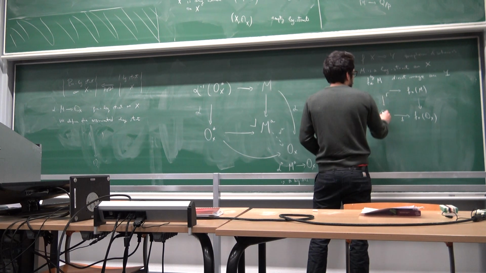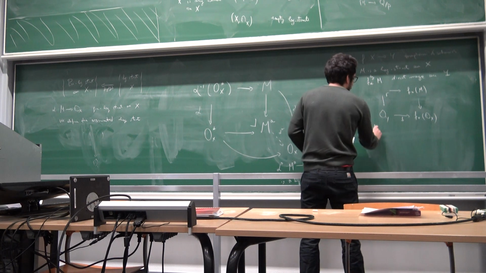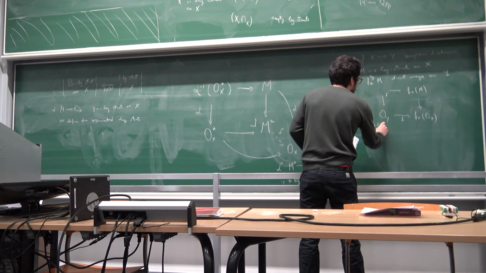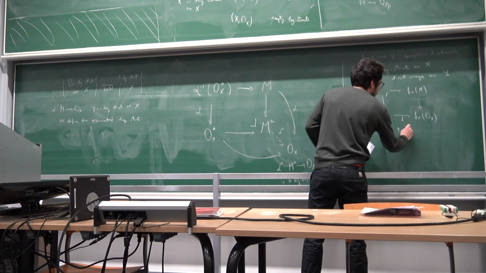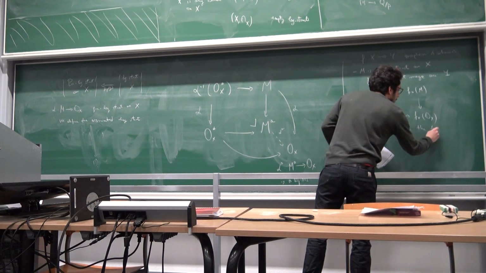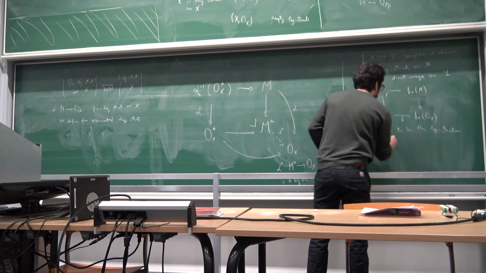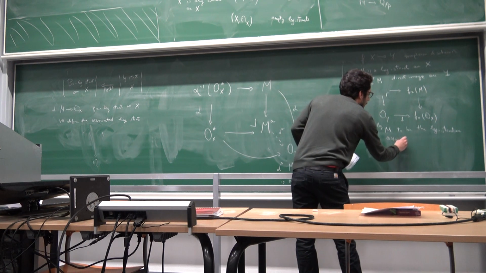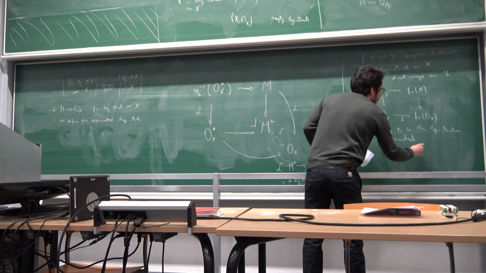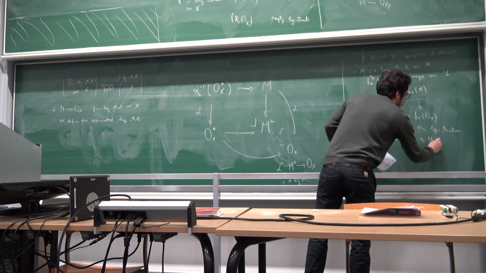And then this will have a map into OY, and we define f_*^log M to be the log structure associated to this pre-log structure.